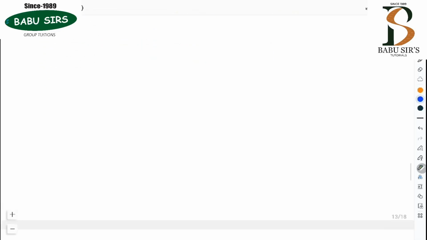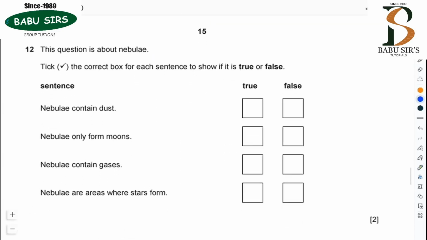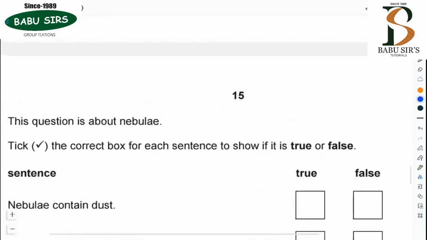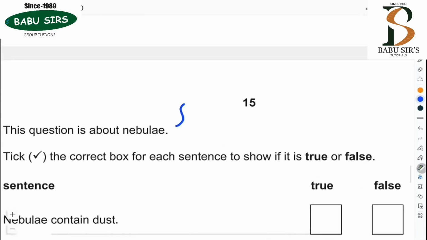Now the next question is question number 12. This question is about nebula. Now what is nebula? Nebula is nothing but dust, that is cosmic dust, and gases.